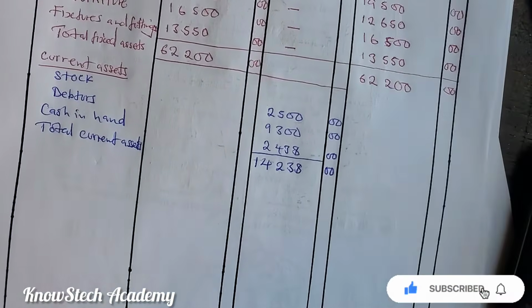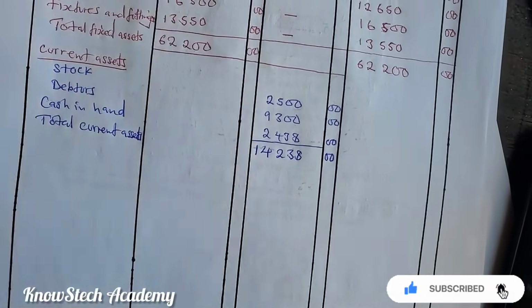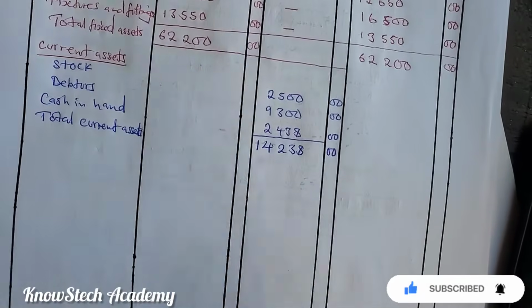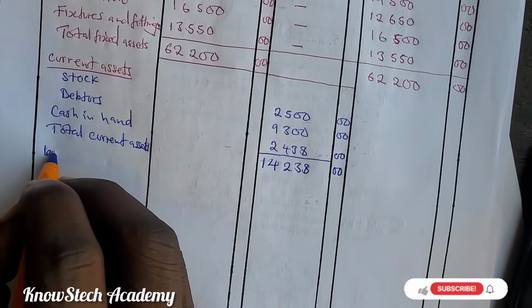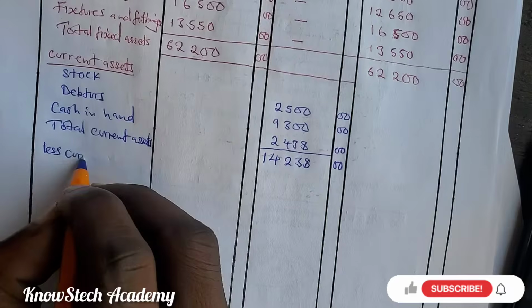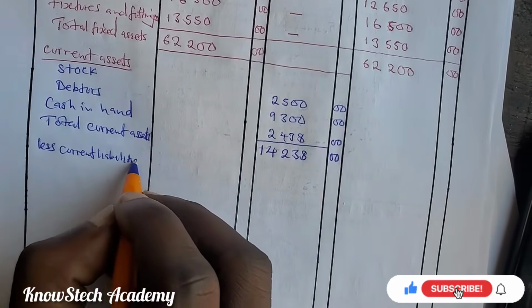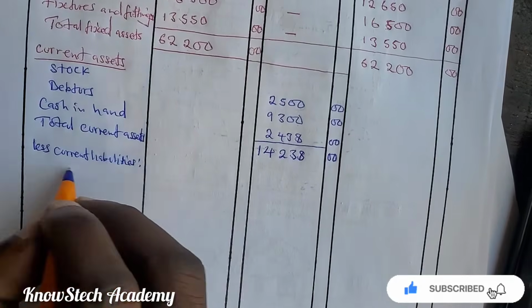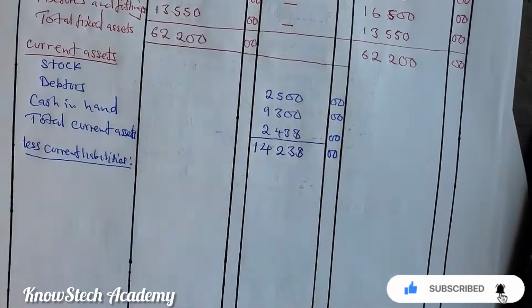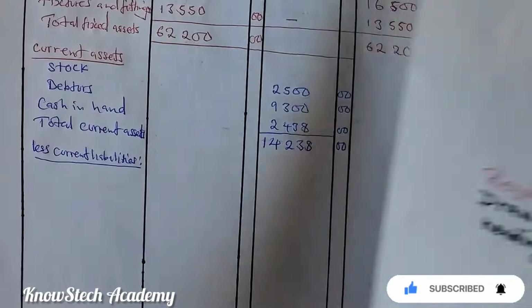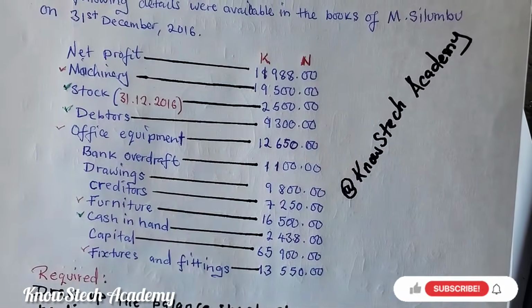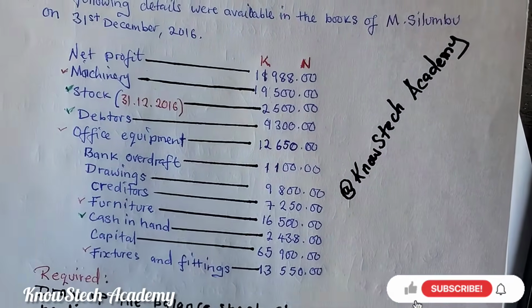Current liabilities we subtract, so we use less. We're going to say less current liabilities as the title here. Then we go to our list and check if we have liabilities, of which we have.